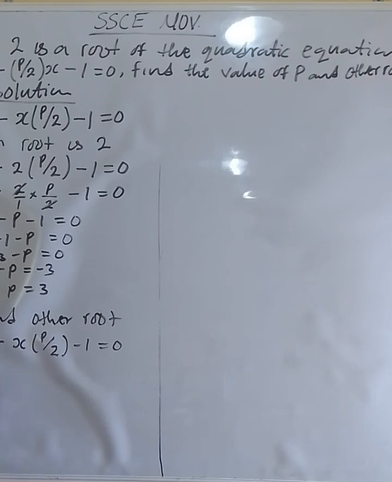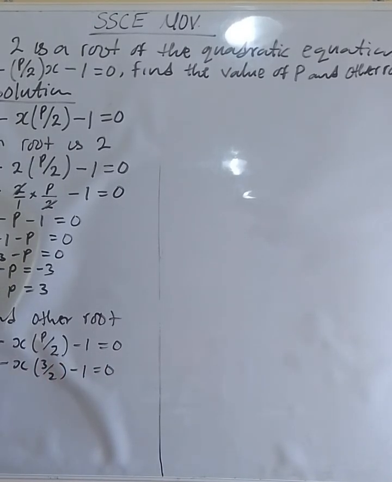And you know we have gotten the value of our p to be 3. So now we will substitute the value of our p into the equation. So we now have x squared minus x into 3 over 2 minus 1 equals 0.